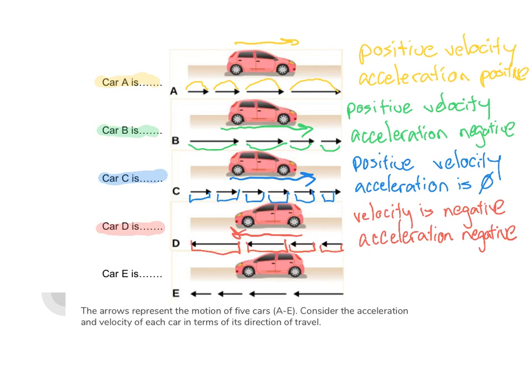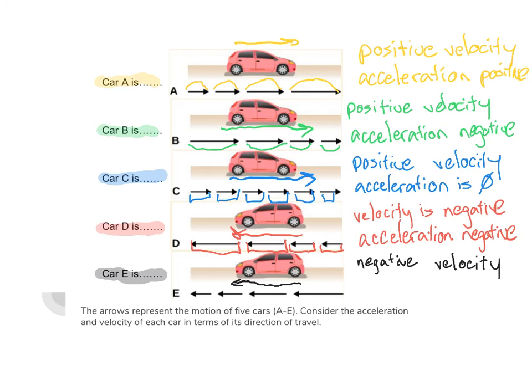And finally, let's talk about car E. How would you describe its velocity and its acceleration? All right, car E is moving opposite to the positive direction. It has a negative velocity.